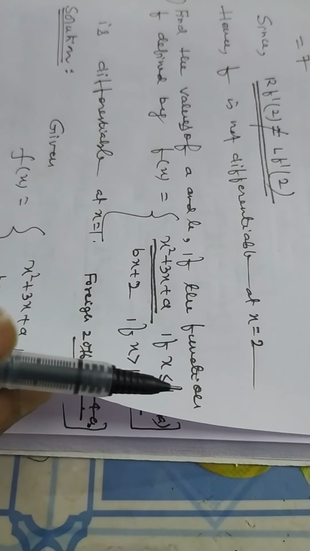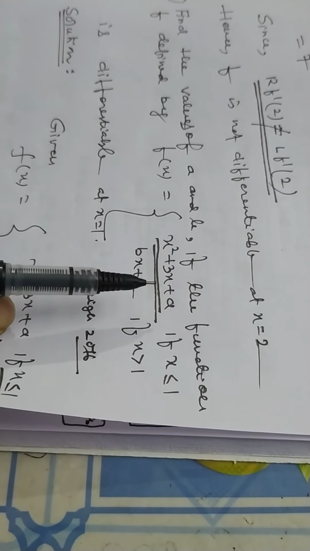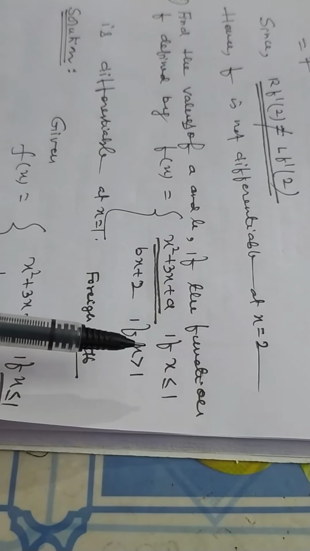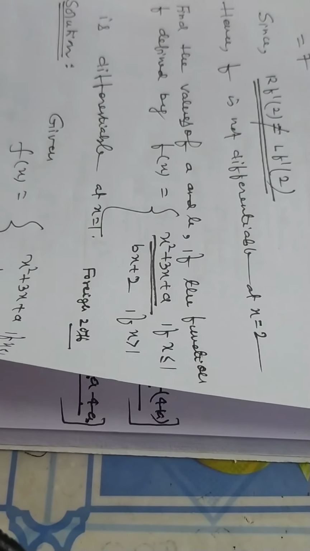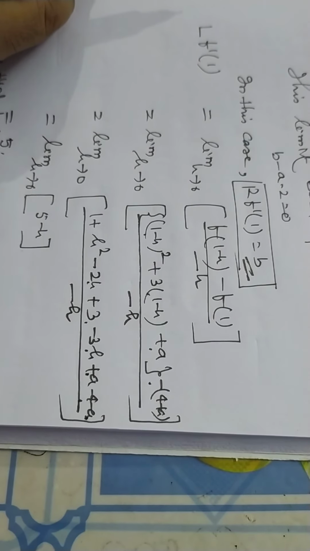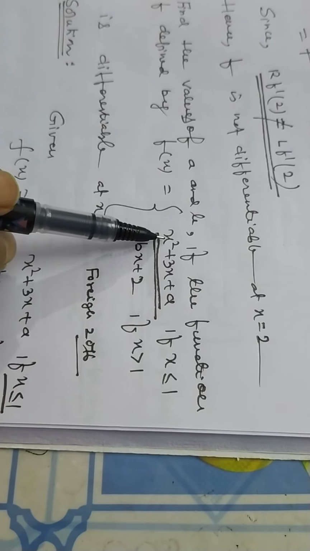The value of the function at the point 1 is how much? You see, at the point 1, the value of the function is x square plus 3x plus a. So we put here x is equal to 1.